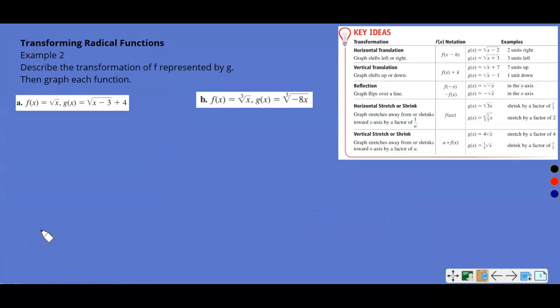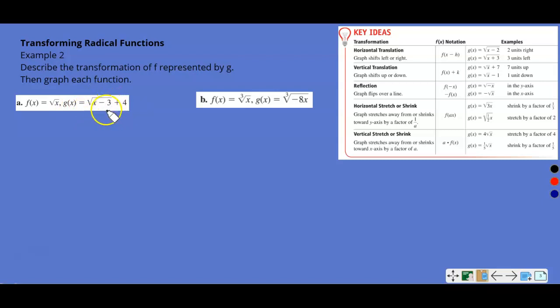Example 2, transforming radical functions. Describe the transformation of f represented by g, then graph each function. All right, A part says f of x equals the square root of x. Remember, that's your parent square root function. G of x equals the square root of x minus 3 plus 4.